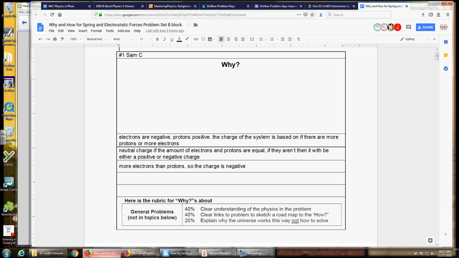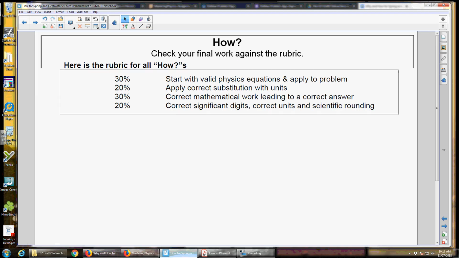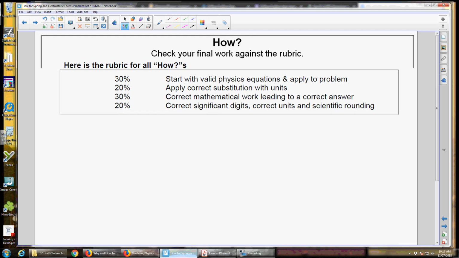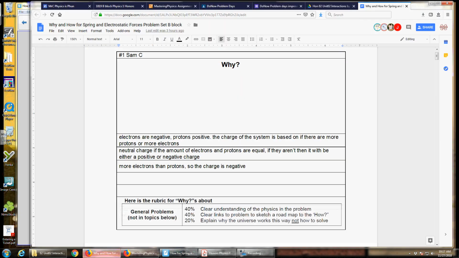Right? So I'm going to skip over A and go right into part B. We don't really have anything on our equation sheet to help us with this, just looking at our why. Our why told us that the total charge... More electrons, so the charge is negative.